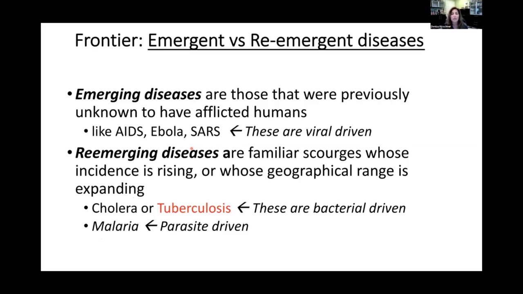I'm very interested in reemerging diseases that have been around for a long time, caused lots of morbidity and mortality in the world, and is defined as their incidence is either rising or steady, and their geographical range could be expanding. Talking about things like cholera and tuberculosis, which are bacterial-driven diseases, and malaria, for example, which is a parasitic-driven disease. And so very different pathogens from what we've been looking at, but still as important to think about in terms of prevent.